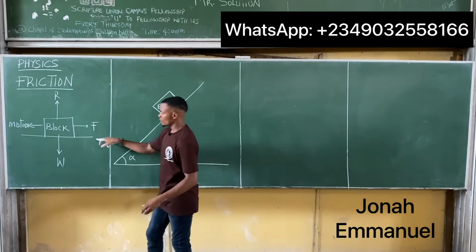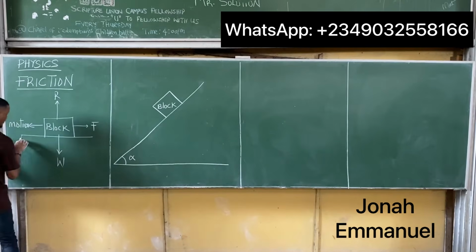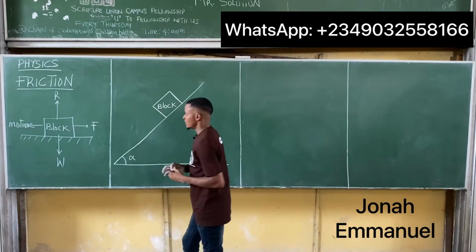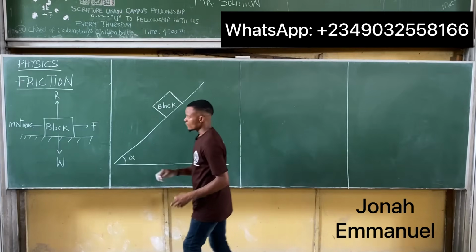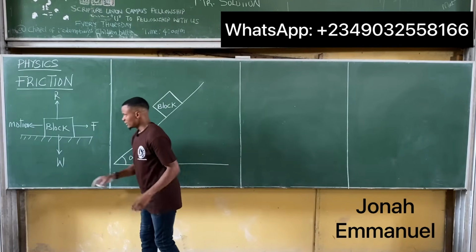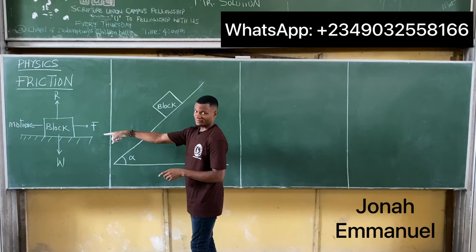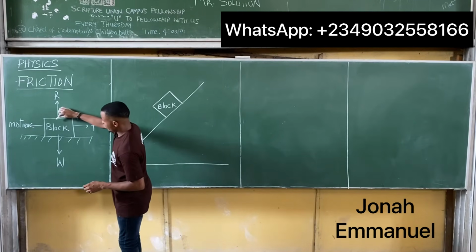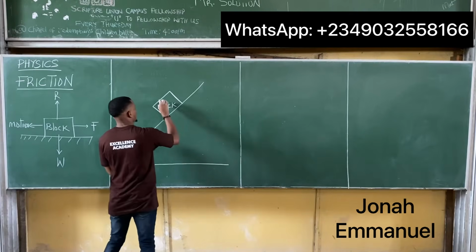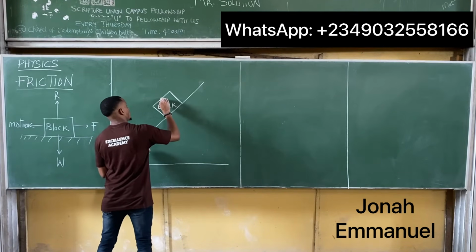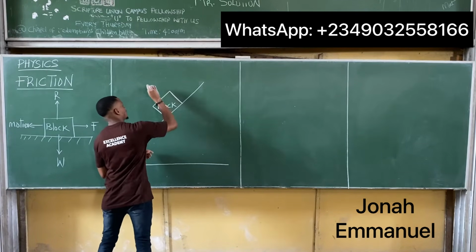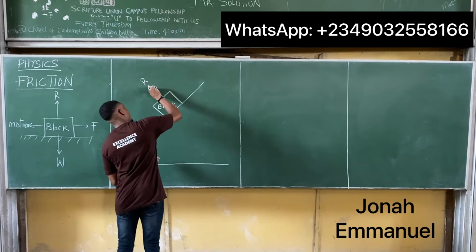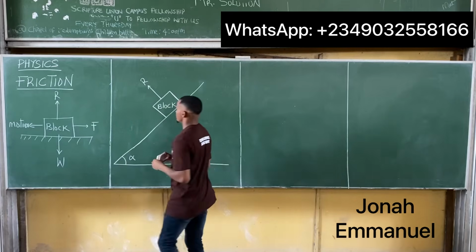What if this is no longer a rough surface like this? What if it is now an inclined plane? Now, here's what we know. Number one, weight acts this way. Now, if I look at this correctly, normal reaction acts upward. So upward here should be normal reaction, that's R. That's number one.